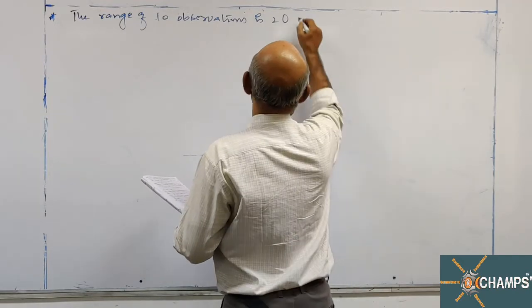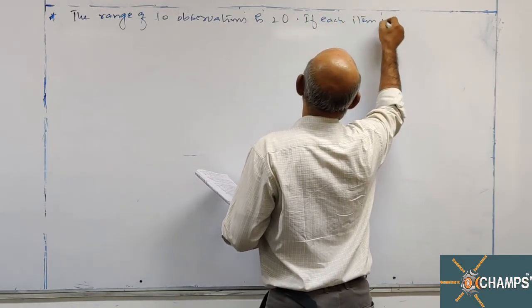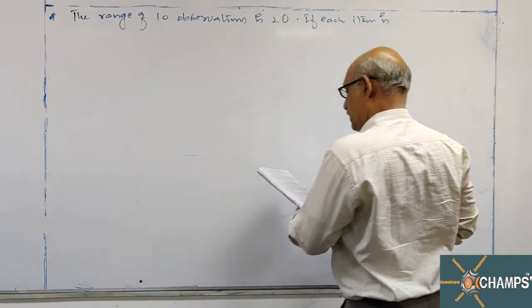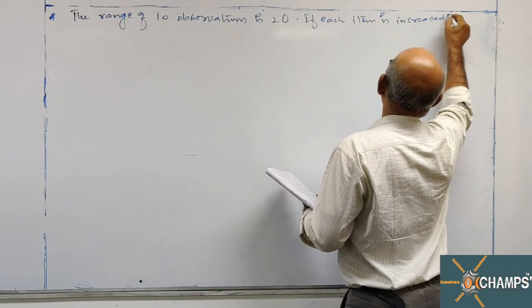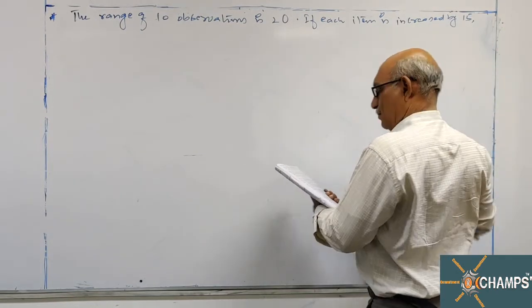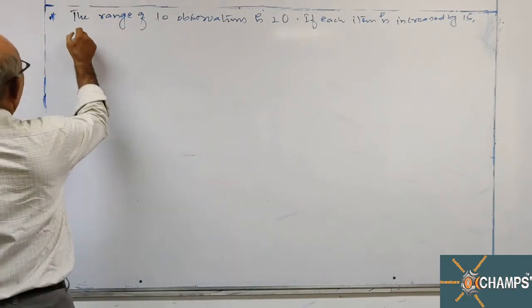If each item is increased by 15, then the range of the new series is?